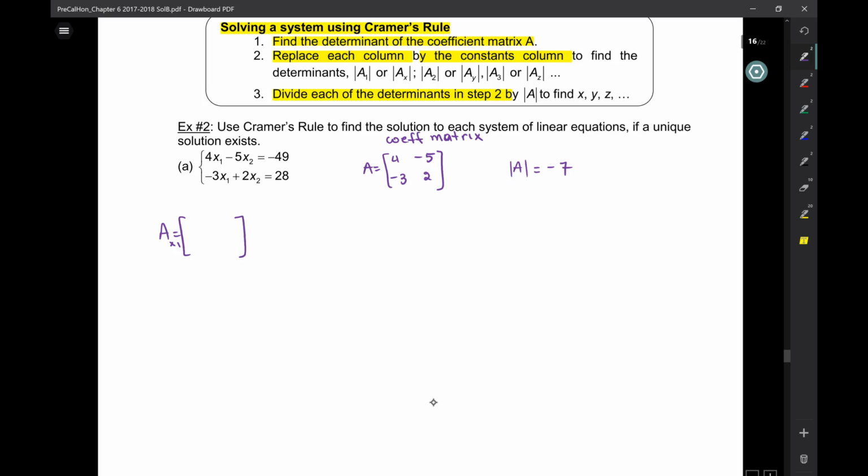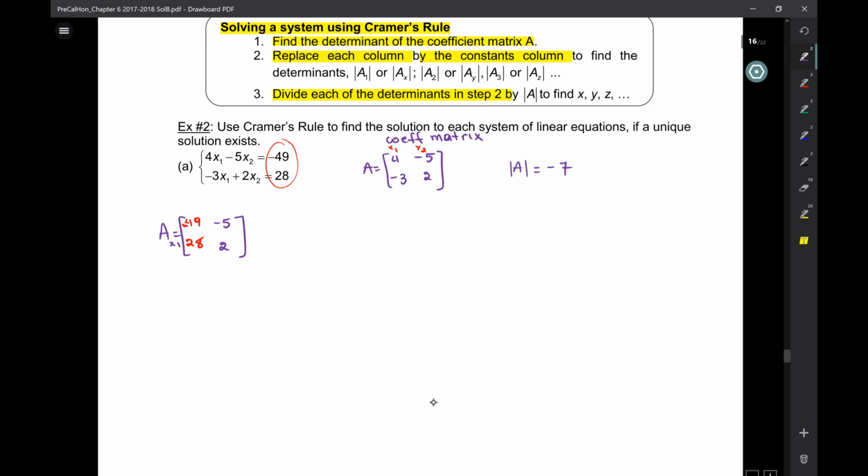And the matrix AX1 is this. If you remember, this is the X1 column, and that's the X2 column always. For AX1, what you have to do is replace the first column by the constants. So you see these constants go in the first column, and then the second column remains unchanged.